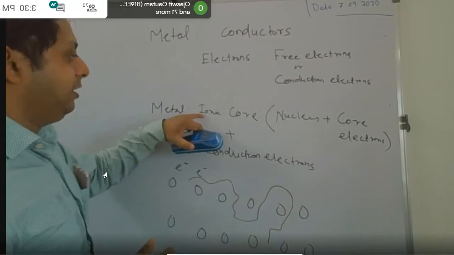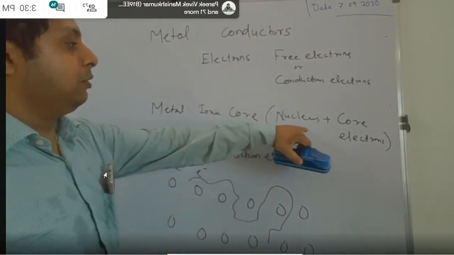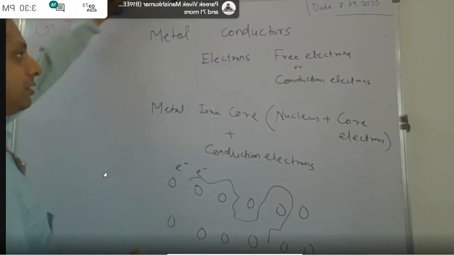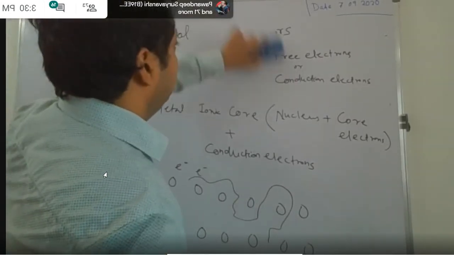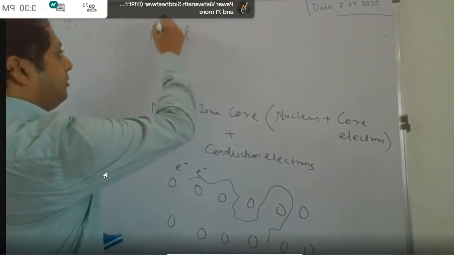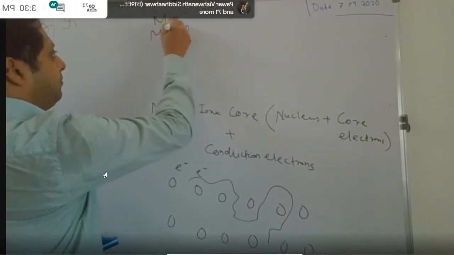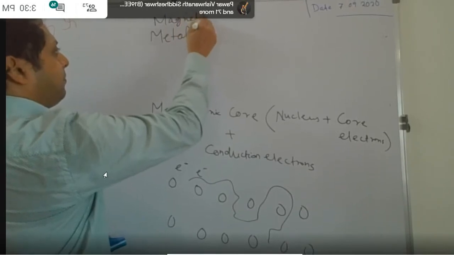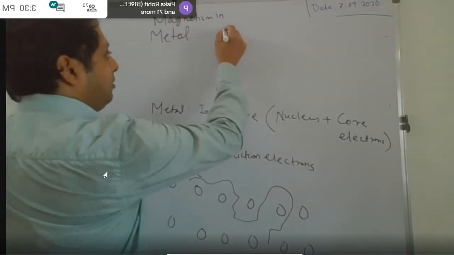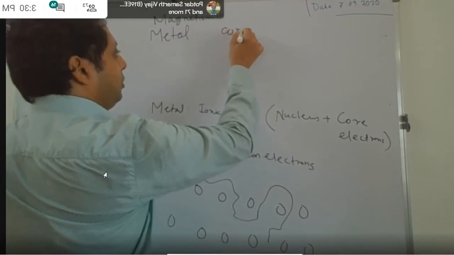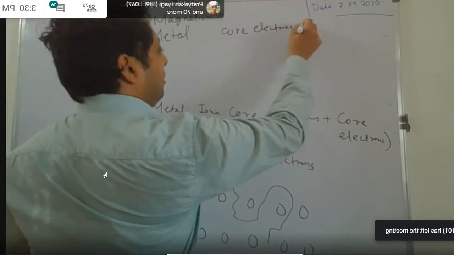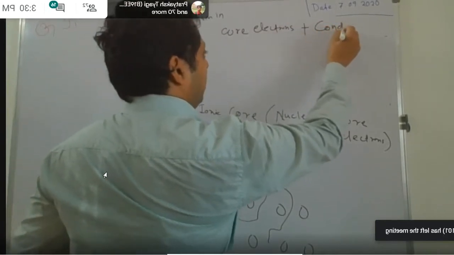Since we divide it into an ionic core, your core electrons, and conduction electrons, we can say the magnetism in metals has a contribution from core electrons plus your conduction electrons.